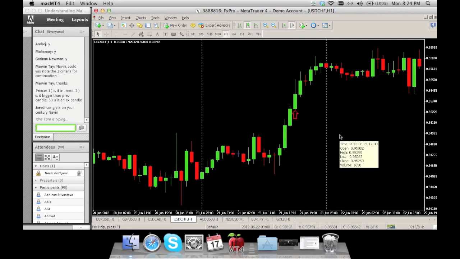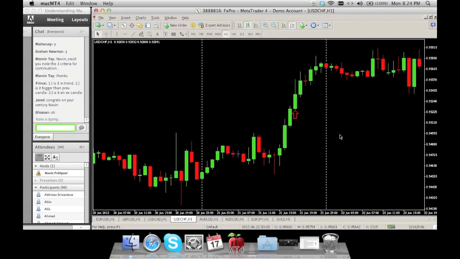This pattern here is what we call a false exhaustion pattern. This is a name I've given it. I don't know what it's really called in the real life market. I'm sure there are at least 20 names for it, but I call it a false exhaustion.